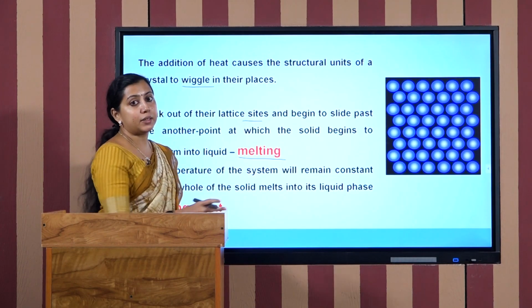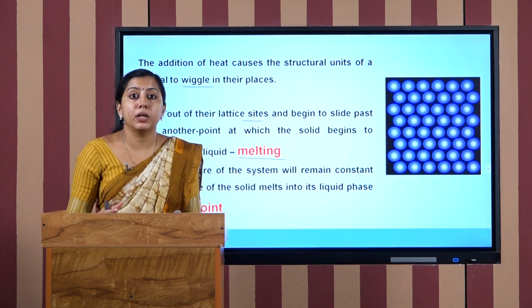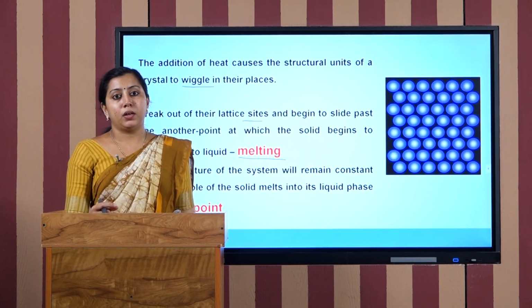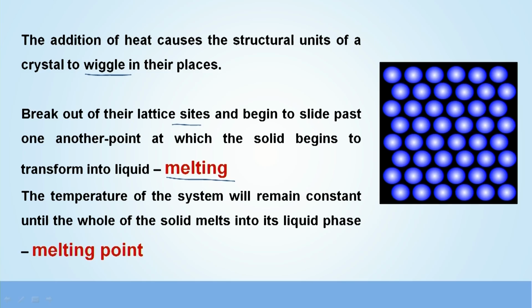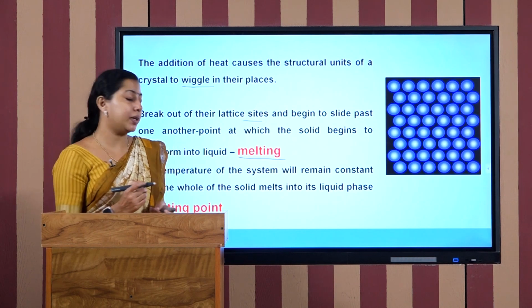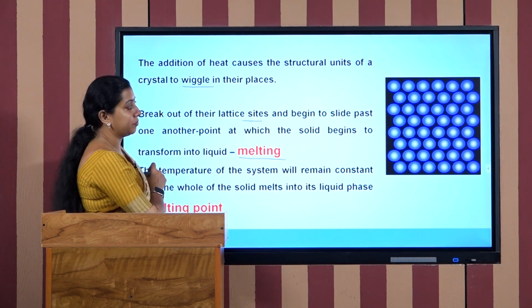So, melting is the stage at which the solid begins to transform into liquid. Now, the temperature of the system will remain constant until the whole of the solid will melt into the liquid phase, and this constant temperature is called the melting point.